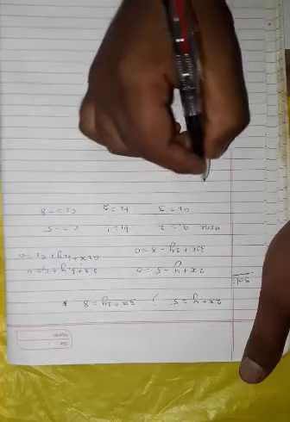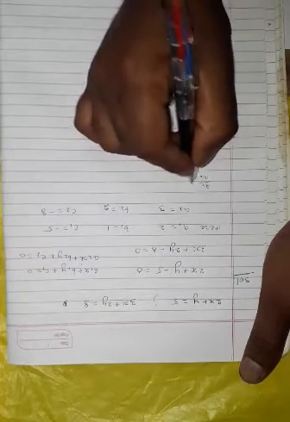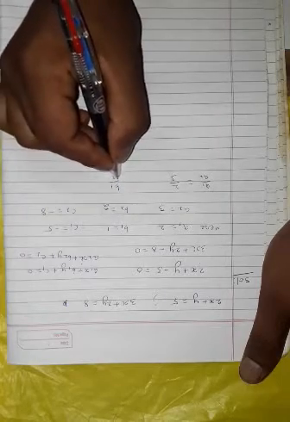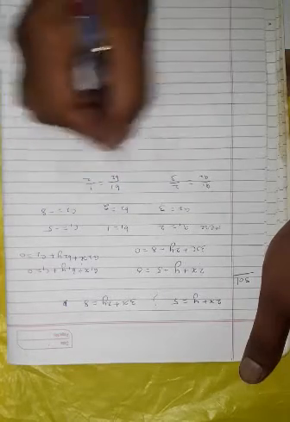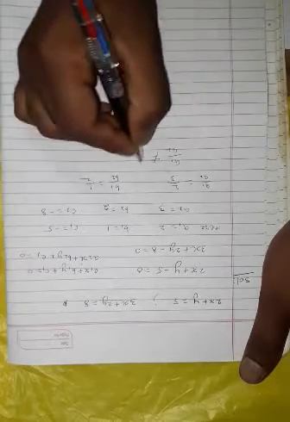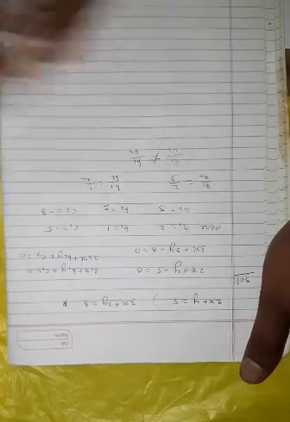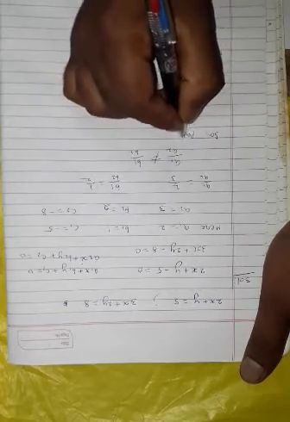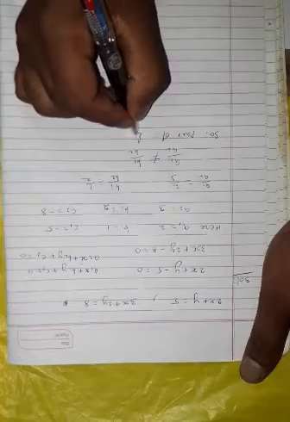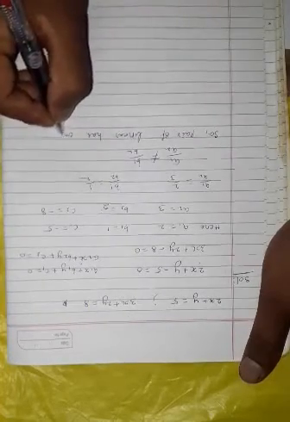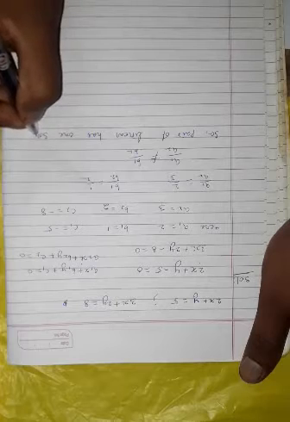If we compare a1 by a2, that is 2 by 3, and b1 by b2, that is 1 by 2, both are not equal. a1 by a2 does not equal b1 by b2. So the pair of linear equations has one solution, that is a unique solution.